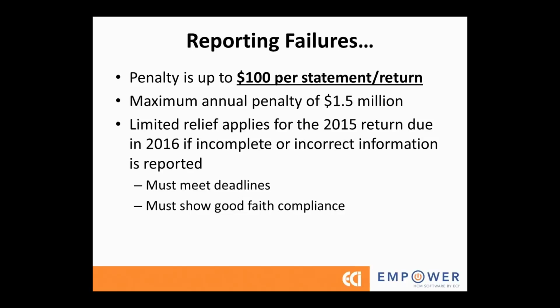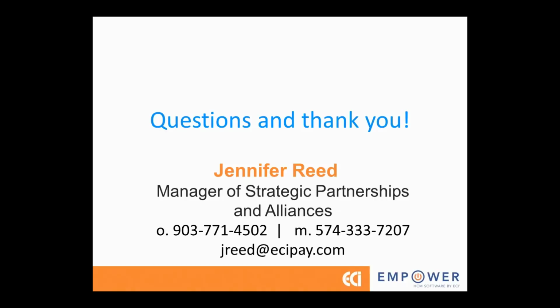And I want to point out very clearly what that means. So if you count up your 1095Cs, so if you have 200 employees and you figure you're going to have 220 1095Cs, take that number times 100, and that's your potential penalty. The maximum on this penalty is $1.5 million.